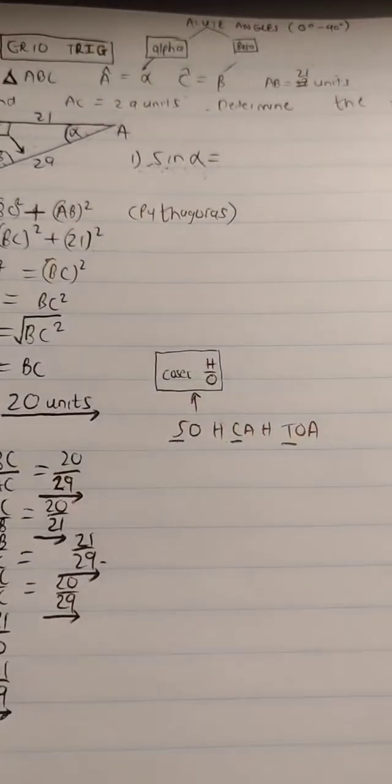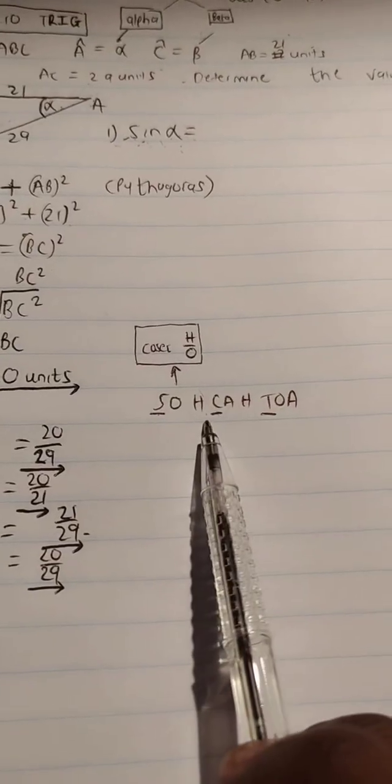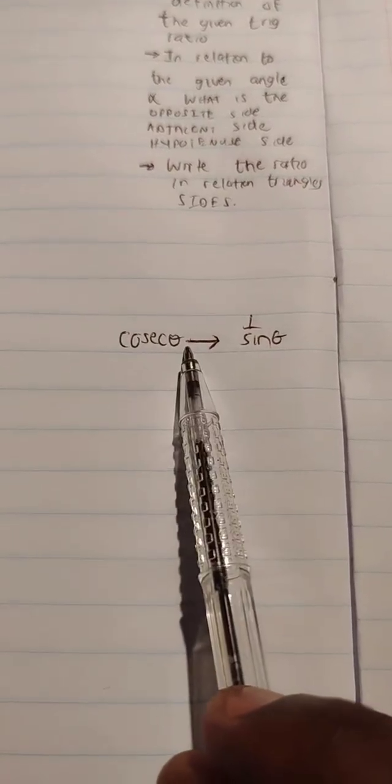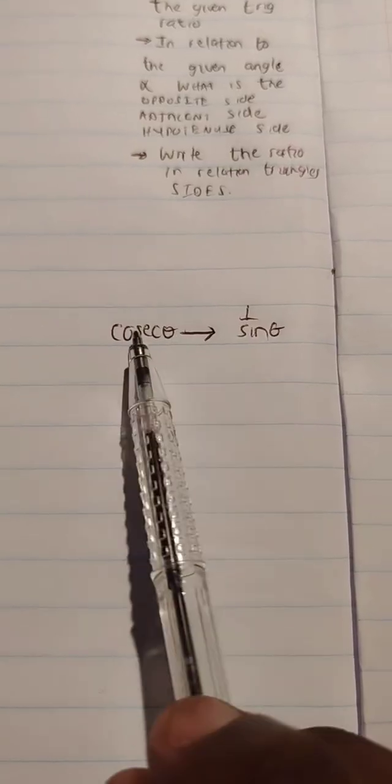It is the reciprocal or inverse of sine. So whenever we are given the trig ratio of cosec and want to express it in terms of the basic trig ratios, we always convert cosec to 1 over sine.